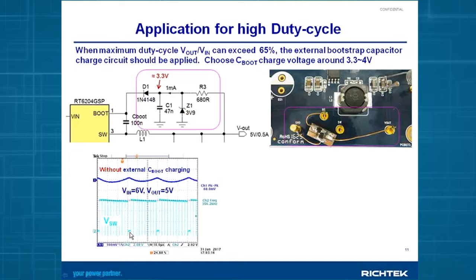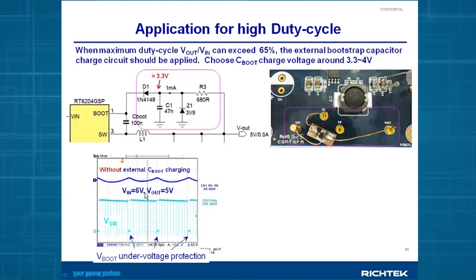This is basically caused by the fact that the bootstrap capacitor, due to these very short off times, is not able to charge by the internal charging network, and this causes at a certain point a too low voltage on the bootstrap capacitor. In this case, the IC undervoltage protection will force the low side MOSFET to be on for a longer period to recharge the boot capacitor.